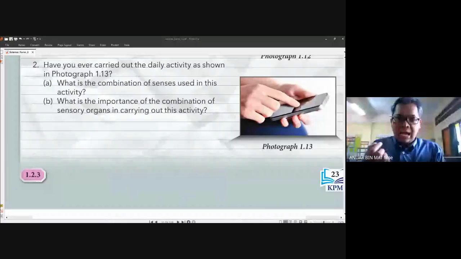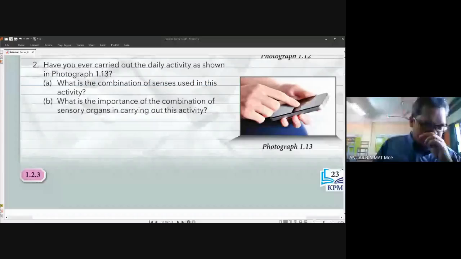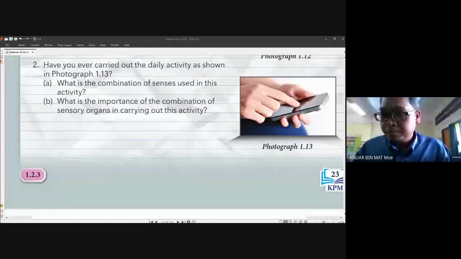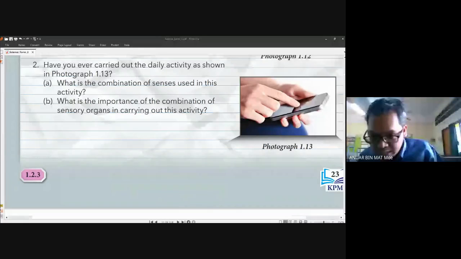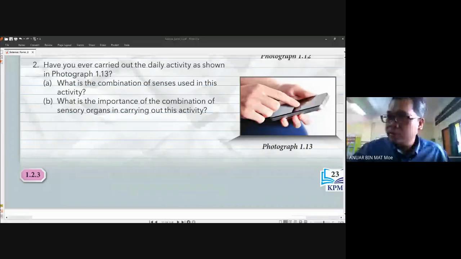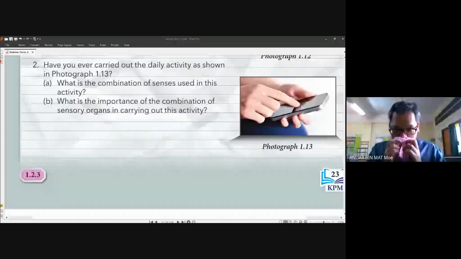Okay, I need to know when you get your textbook. Bila dapat buku teks? Sudah dapat ke belum? Hari ini? Oh, sudah dapat kah? Saya lupa lah. Oh, hari ini ada. Okay, tak apa. Buku kerja? Buku kerja yang mana?